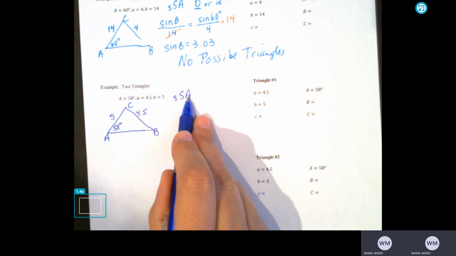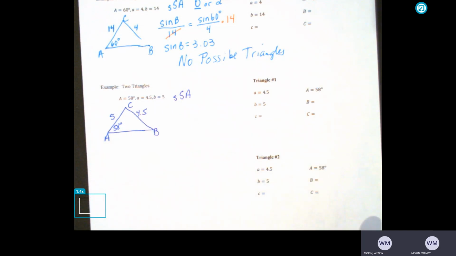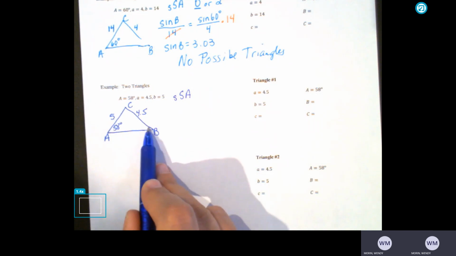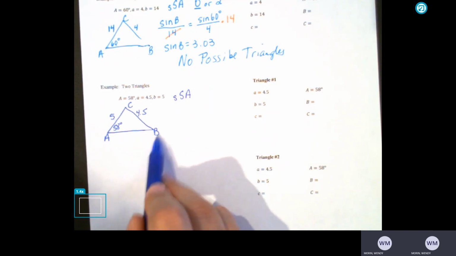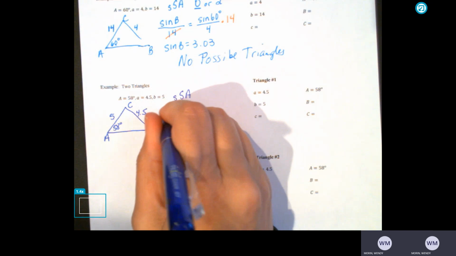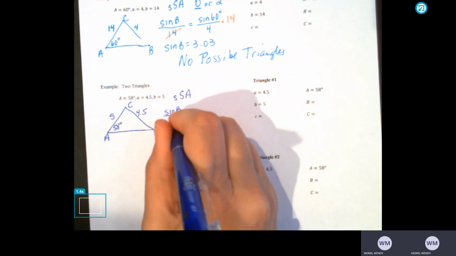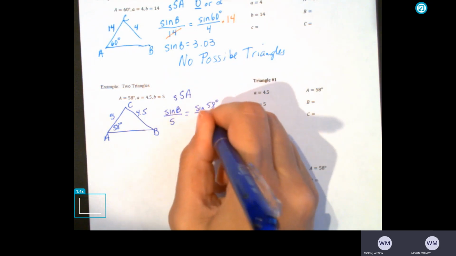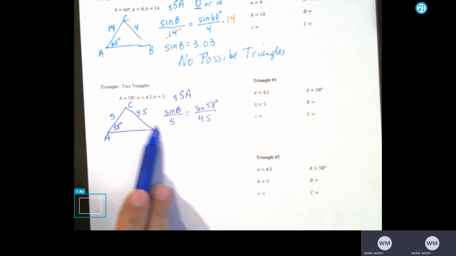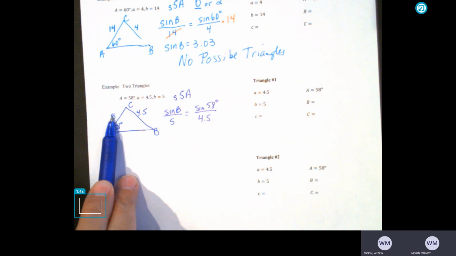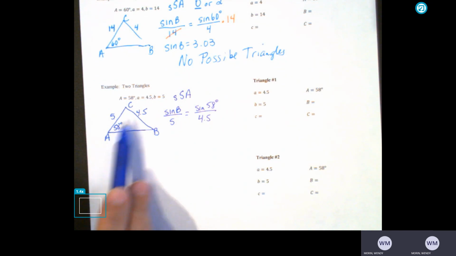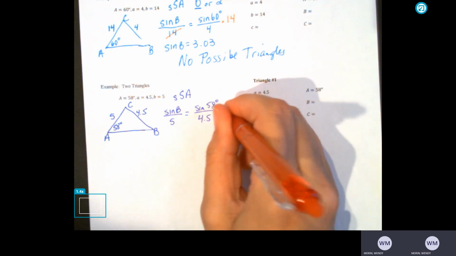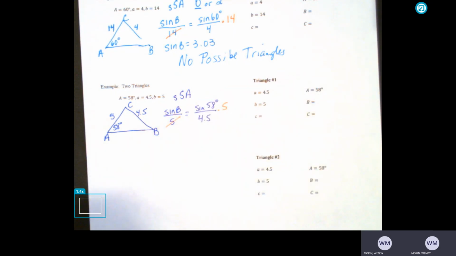Okay. Let's go ahead and set up the work for this one and see what happens. This is given, so this is my unknown. This is the first one that I can find. So the sine of angle B is to 5, as the sine of 58 degrees is to 4.5. And what do we do to both sides? We're trying to find angle B. We're going to multiply by 5.